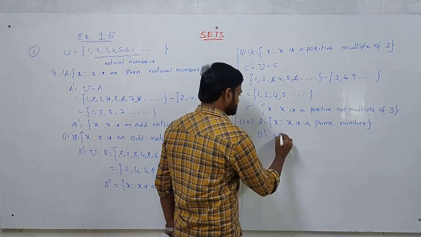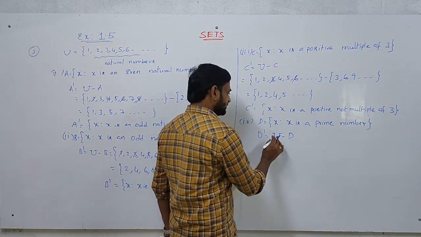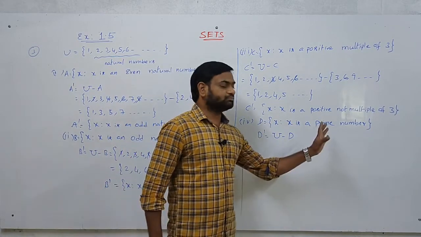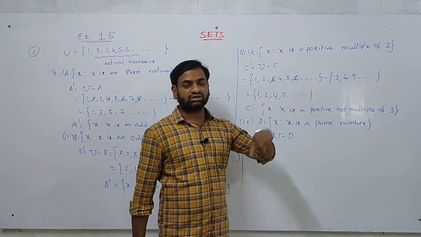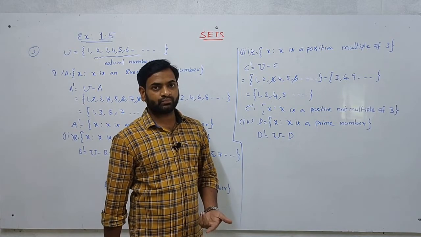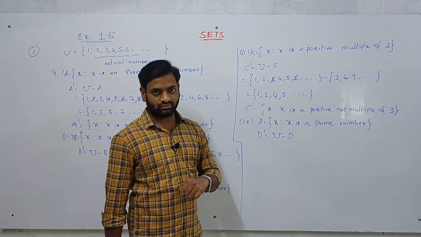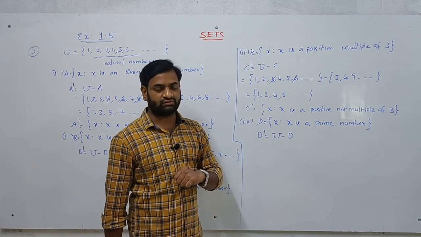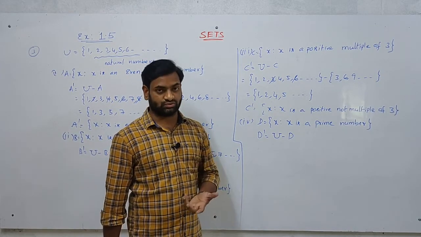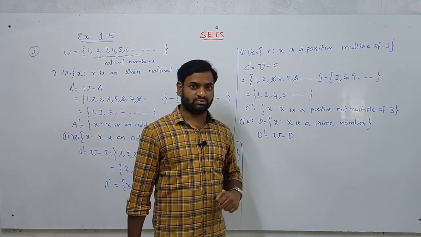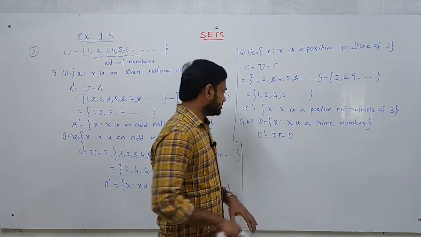complement of D is U minus D. So from U, that means from the natural numbers, if I delete prime numbers, what are the remaining? Composite numbers, which are not prime numbers, I will get. And x equal to 1 also. 1 is not a prime number, not a composite number. Okay.